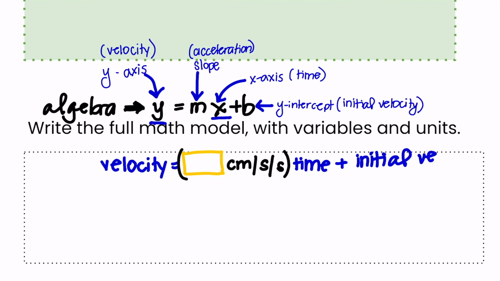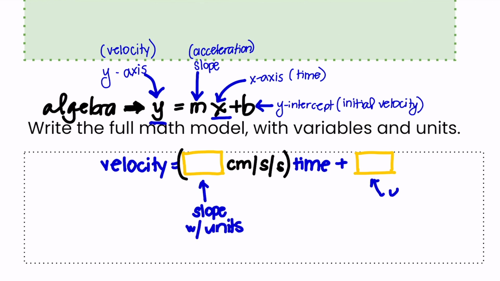Or you will have a number for initial velocity. Maybe it's 0 or some other thing, right? So I'll leave this blank. So here would be your slope with units. And then this would be your y-intercept. Remember, it's your initial velocity. So the units for that would be centimeters per second.